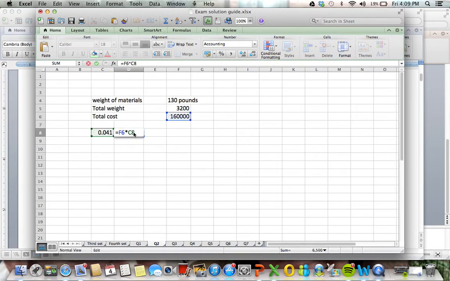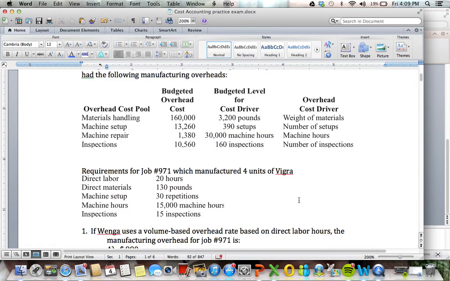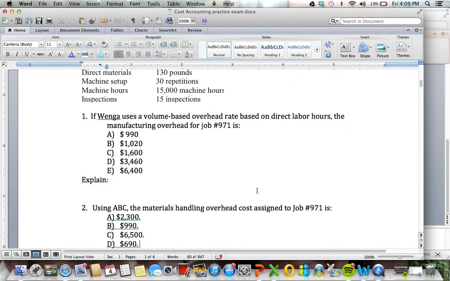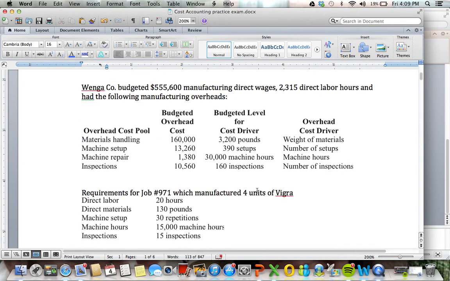Now what did I do? I saw that we're talking about materials handling, because they're asking what is the materials handling overhead for this job. I looked at the overhead cost driver and it said weight of materials.